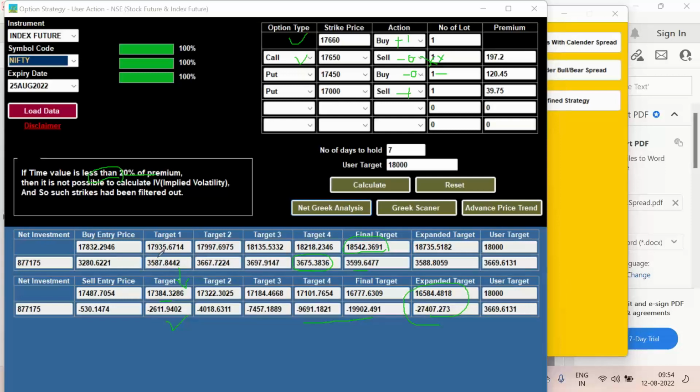So I will not suggest holding this strategy beyond 18,500, because you can see 17,900 also gives you 3,500 profit. 17,800 also gives 3,200 profit, and 17,900 also 3,500 profit.